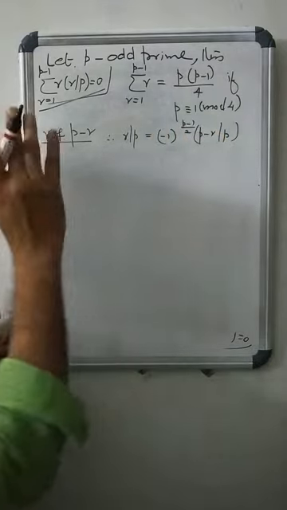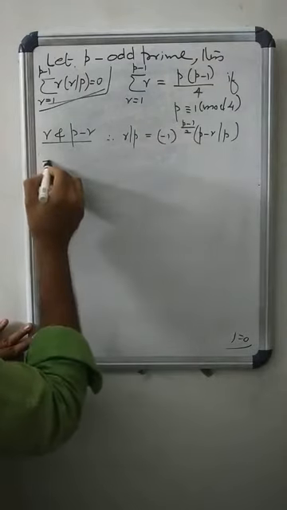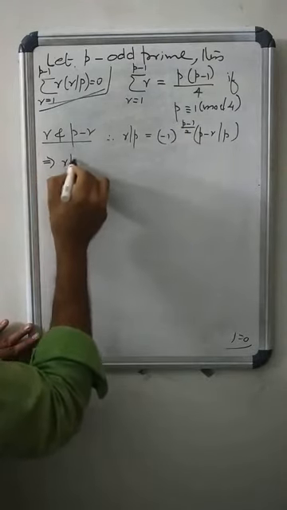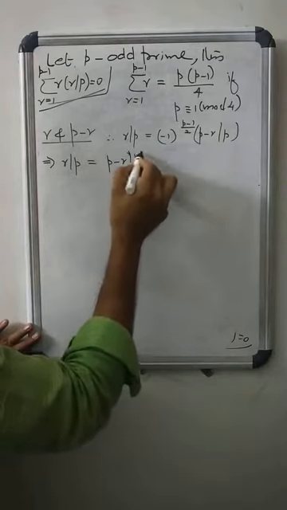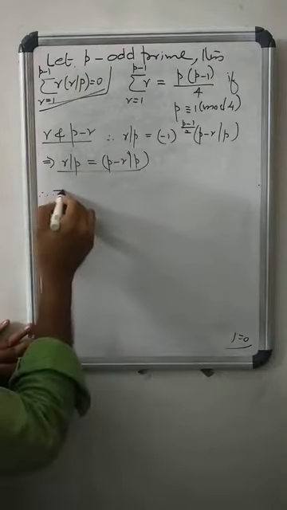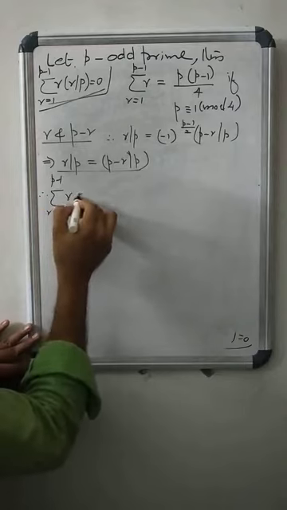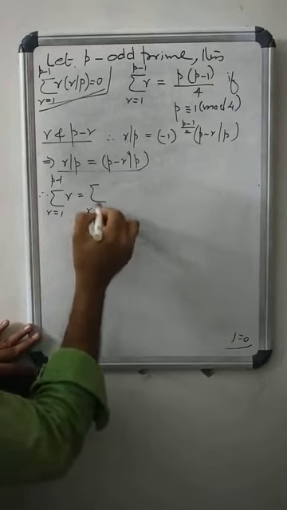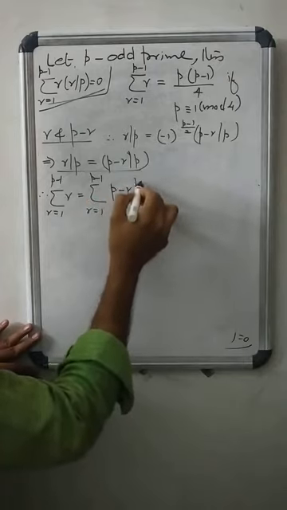When p is congruent to 1 mod 4, we also see that (p minus 1) by 2 is always even. So that means (r by p) equals ((p minus r) by p). Agreed? Therefore, sigma r ranges from 1 to p minus 1 of r equals sigma r ranges from 1 to p minus 1 of, what is r? p minus r by p.